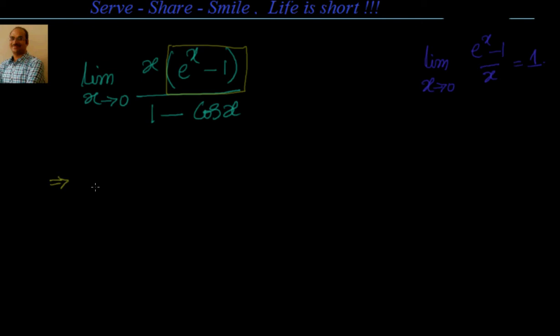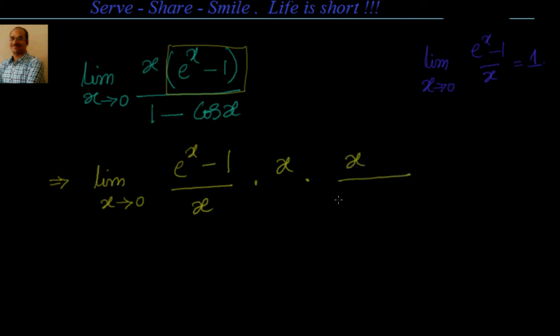So let me manipulate this so that we can use the standard result. I will say this is equal to e power x minus 1 divided by x, so that I can say this as limit x tends to 0 equal to 1. Now when I am dividing, I should also multiply, so that is taken care of. What else am I left with?